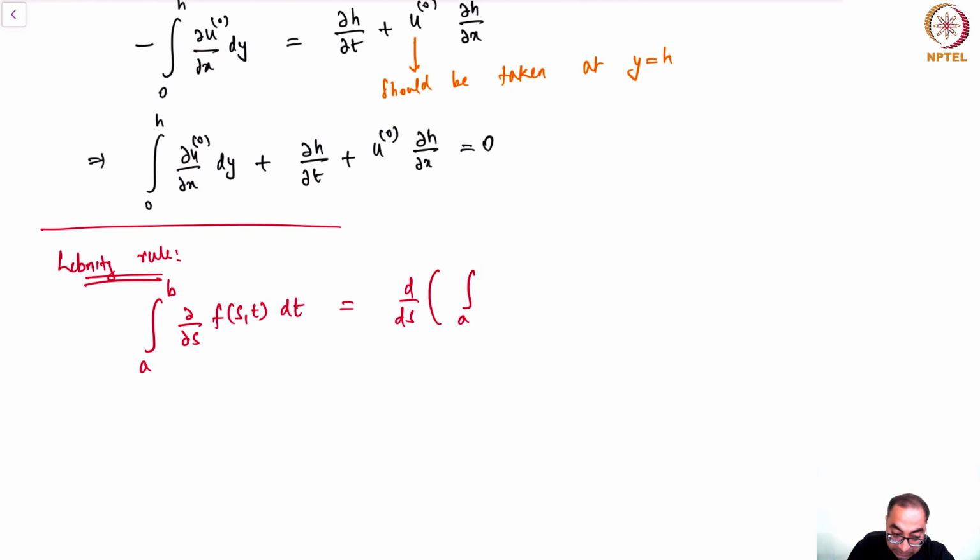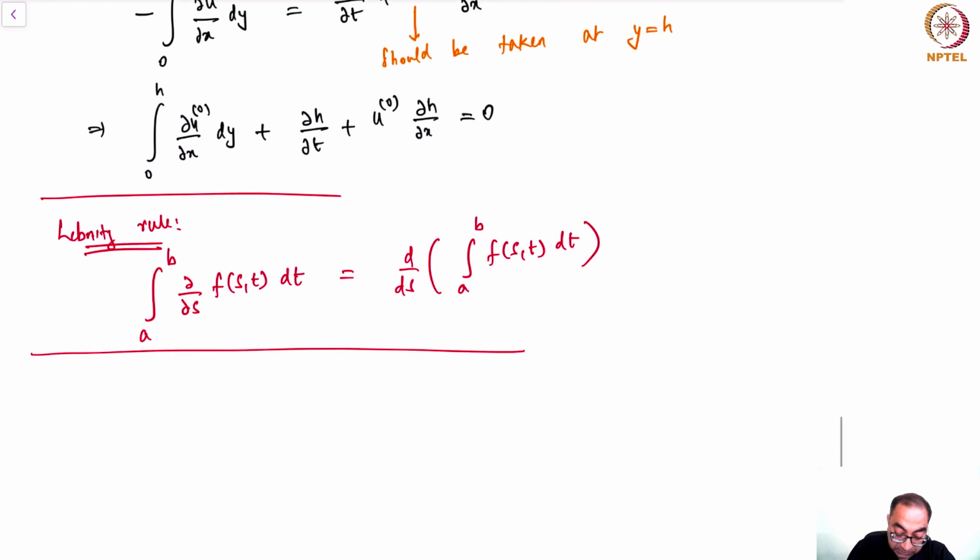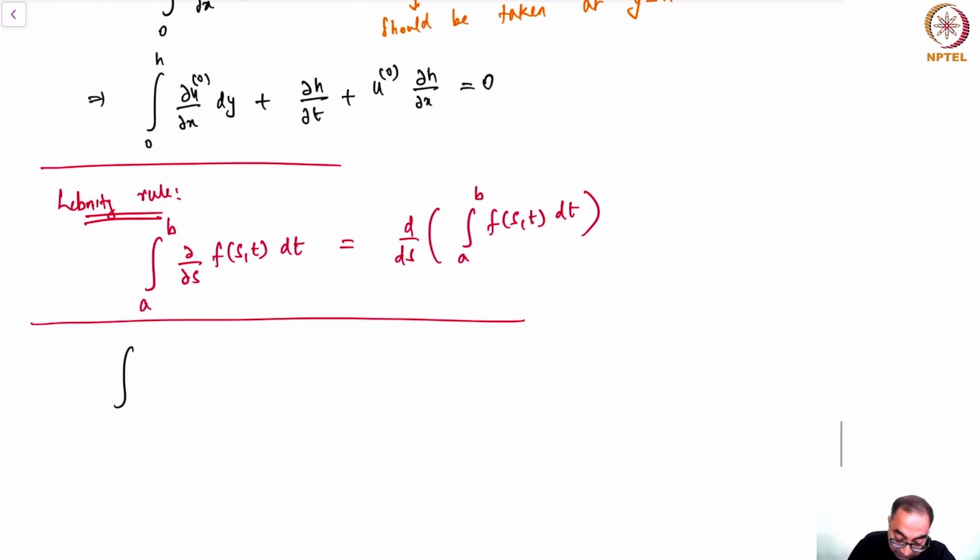I can now do the integration first of this function with respect to s and then take the derivative. Okay, let's apply this to the function that we have. What's the function we have? We have an integral of this form, ∂u0/∂x dy, right?